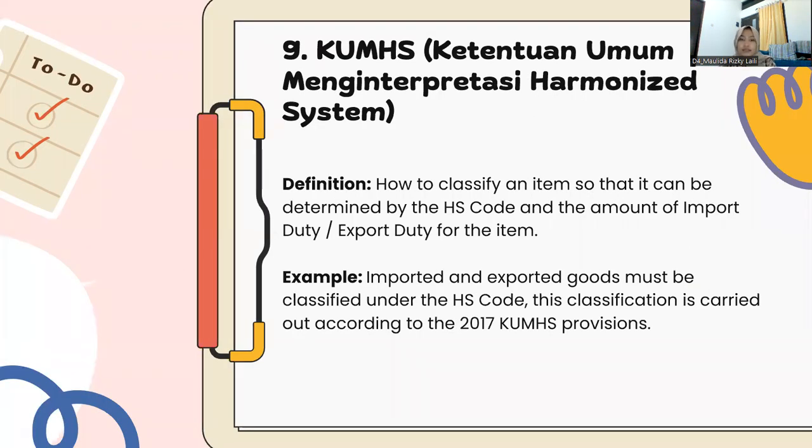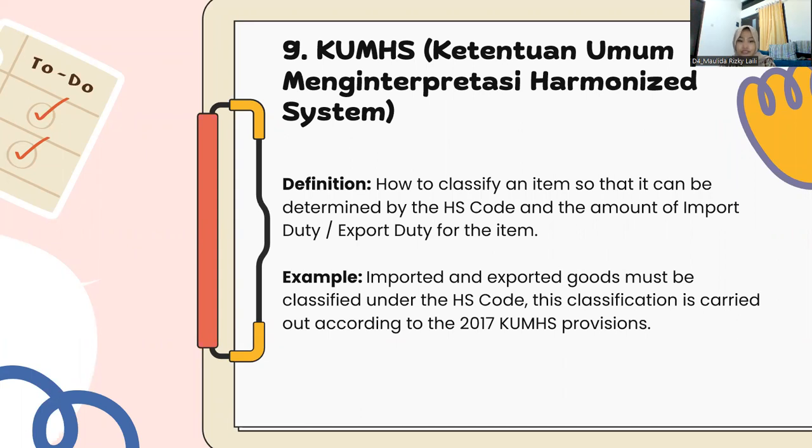Number nine is KUMHS or Ketentuan Umum Menginterpretasi Harmonized System. The definition is how to classify an item so that it can be determined by an HS code and the amount of import duty or export duty for the item.